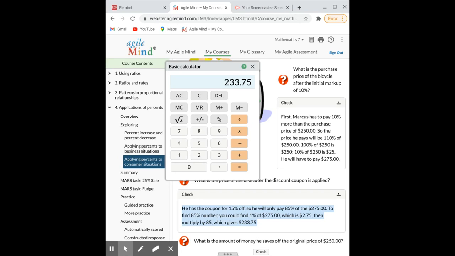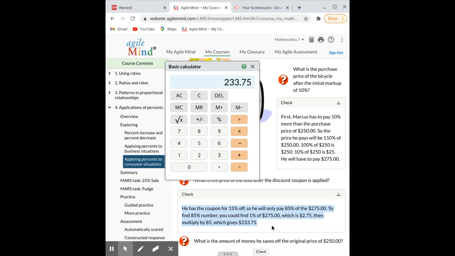He has a coupon for 15% off, so he will only pay 85% of the $275. To find 85%, you could find 1% of 275, then multiply by 85, which gives 233.75. All right. So that's another way that we could do it. Whichever way you feel more confident in is the way that I want you to do it.